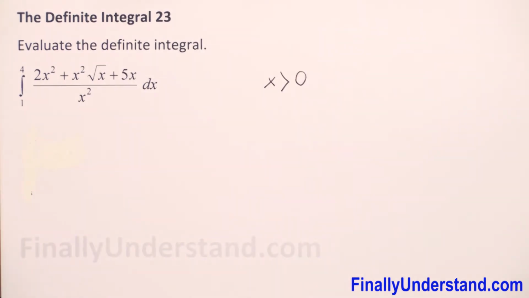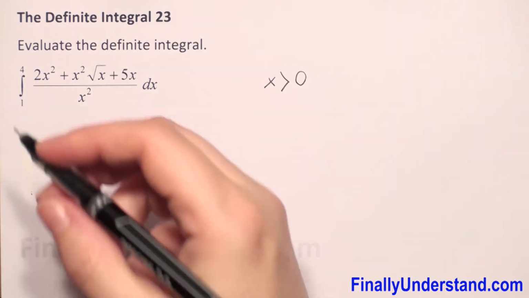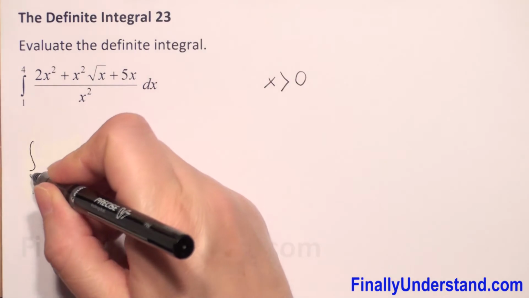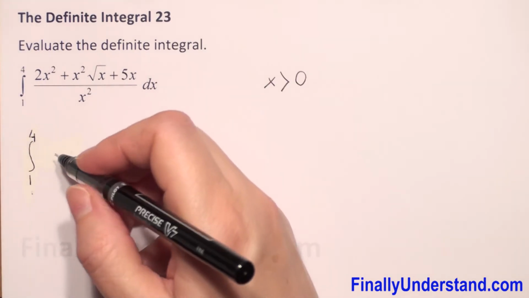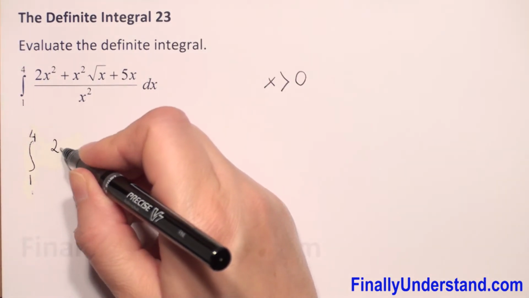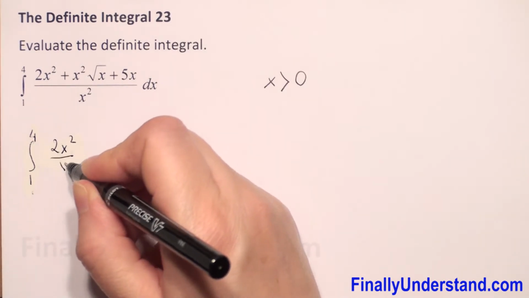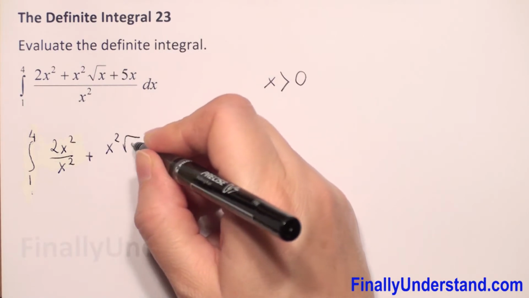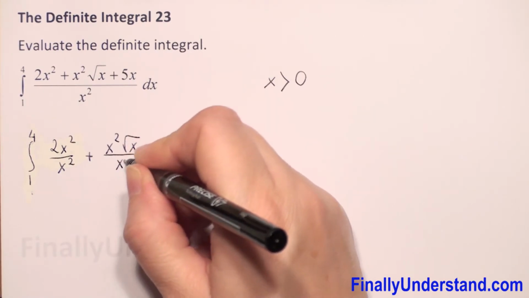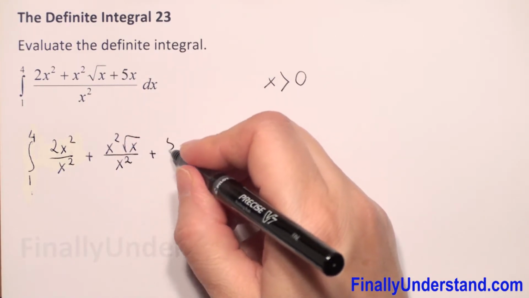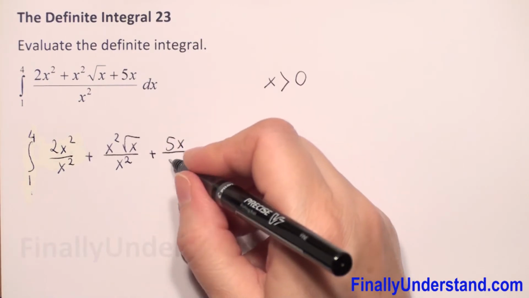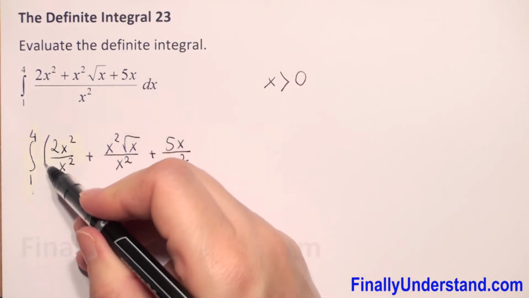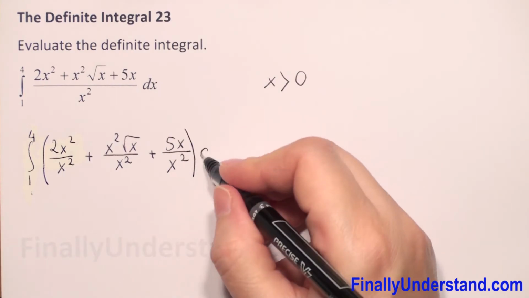Next, we need to write the integrand in a simpler form by carrying out the division. So let me rewrite: the integral from 1 to 4 of 2x squared over x squared plus x squared times square root of x over x squared plus 5x over x squared, with respect to x.